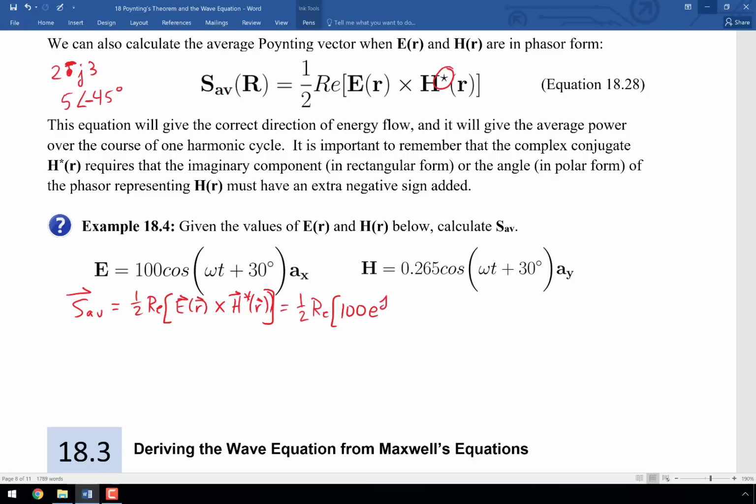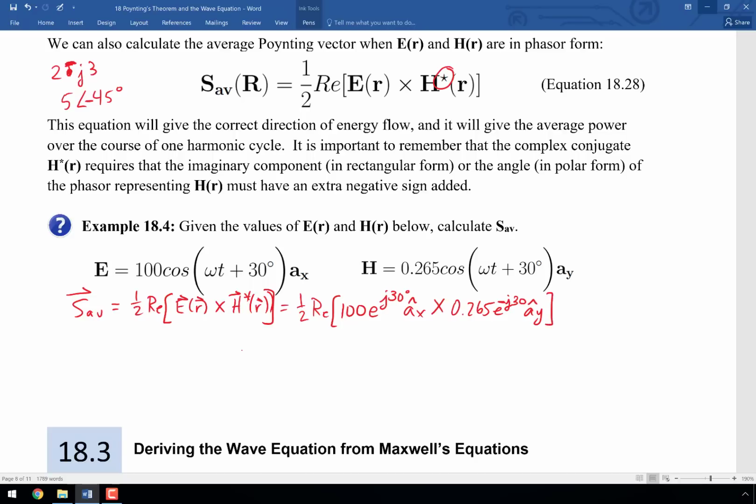So this is e to the j 30 degrees, and that's in the a sub x direction. And then that's going to be cross product with 0.265 e to the negative j 30 degrees. That negative sign comes from the fact that we have to take the complex conjugate of H. And then that's times a sub y.